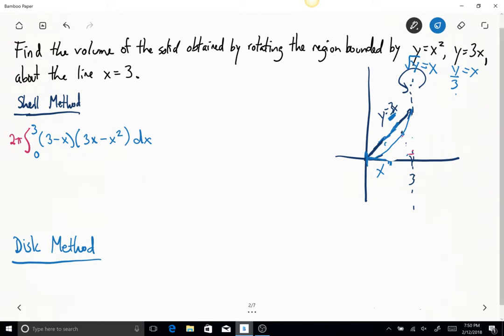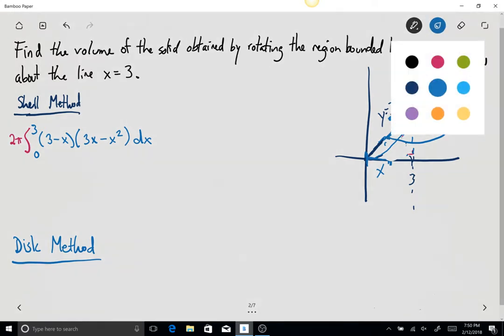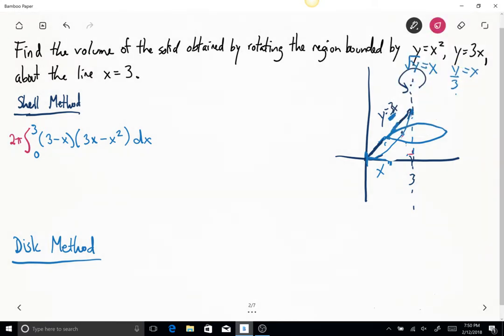And what we're going to do is we're going to have a washer going on here. And what's our washer look like? Well, you get a certain disk like that, but then you're going to take out a disk in the middle like this. And we got to figure out those different radii, I guess you could say.